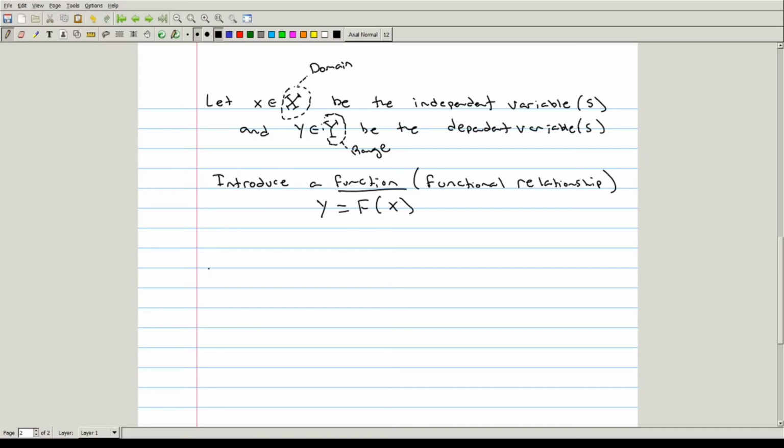But the main idea here is that this function, f of x, is a mapping of the domain X onto the range Y. So this gives us the set of, we'll say, 9 possible submappings.